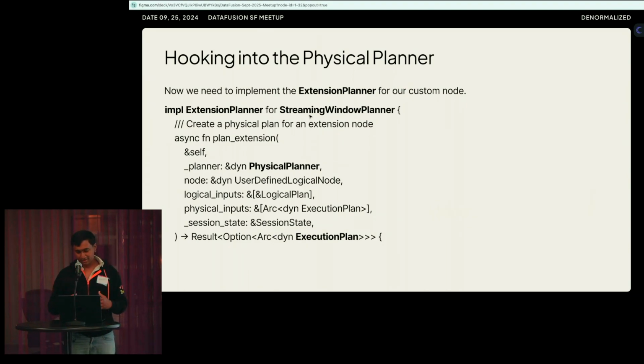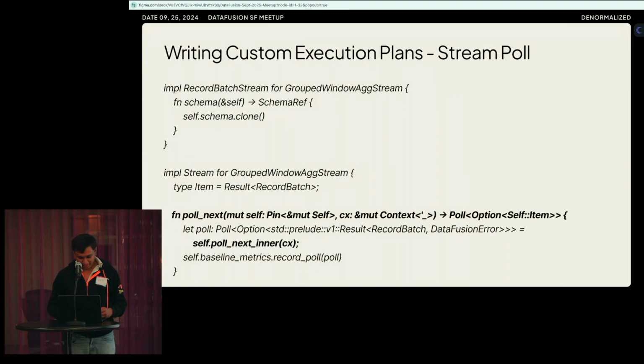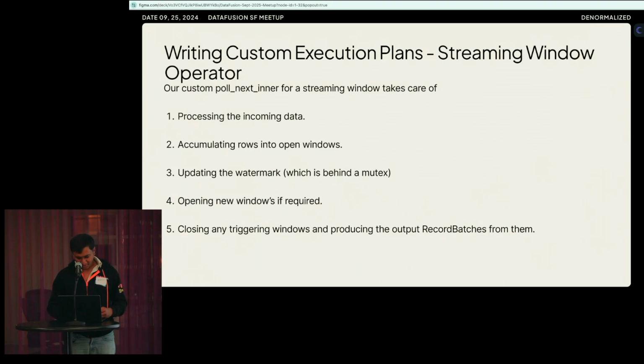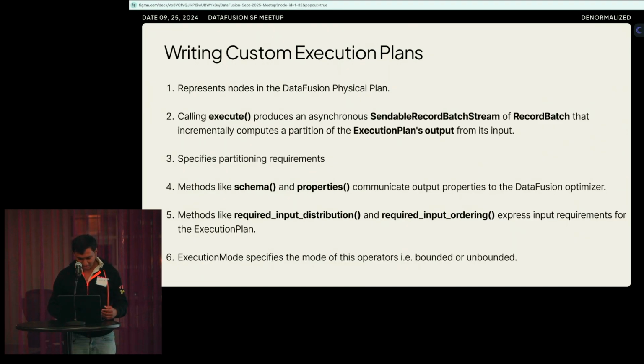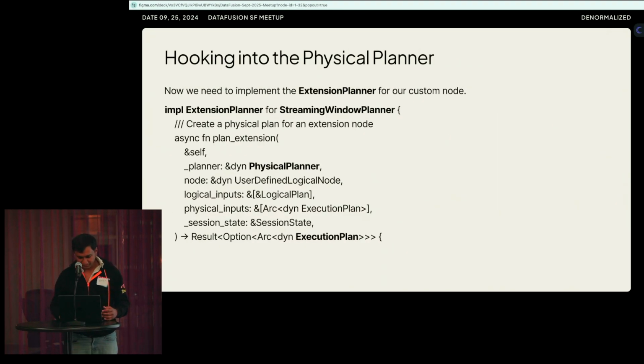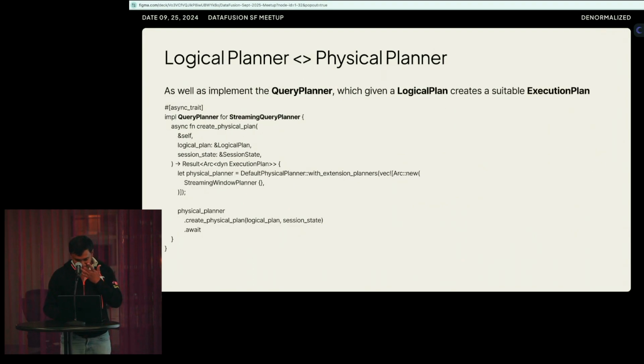You have to figure out, based on the state of the tree, what type of custom-designed physical operator to return. Typically there isn't much to do here. You essentially just want to plug in the execution plan that you created. So that is the extension planner piece of it.